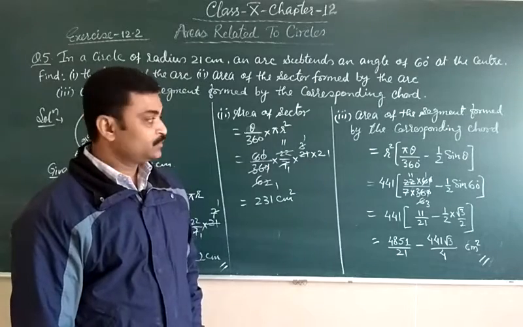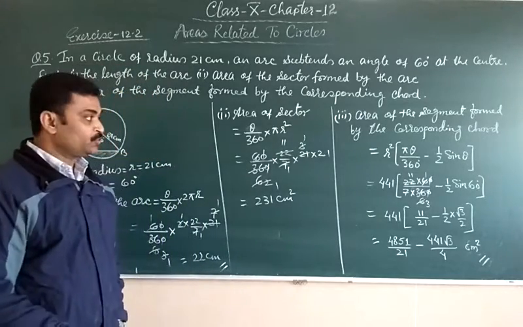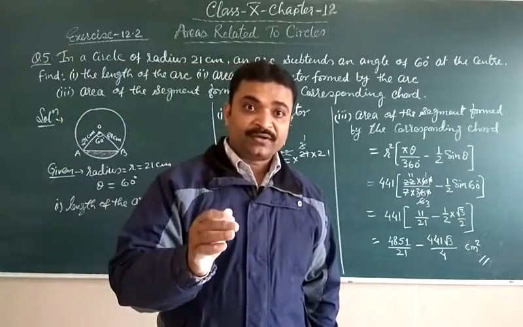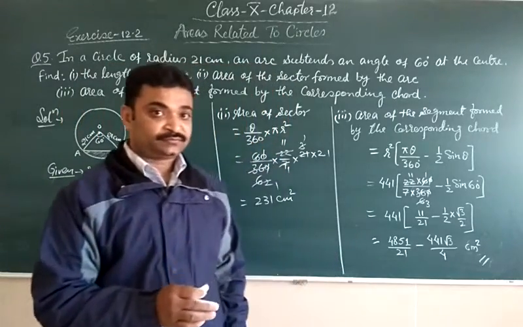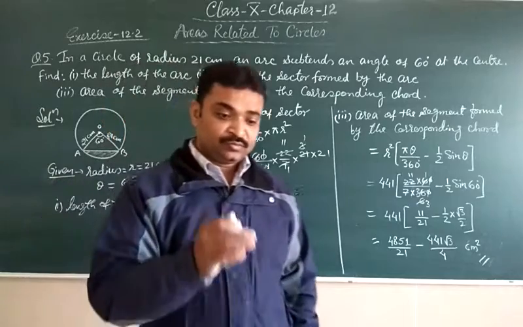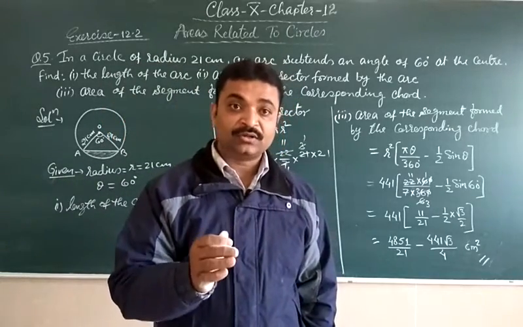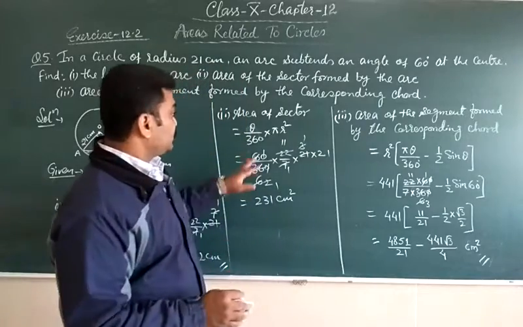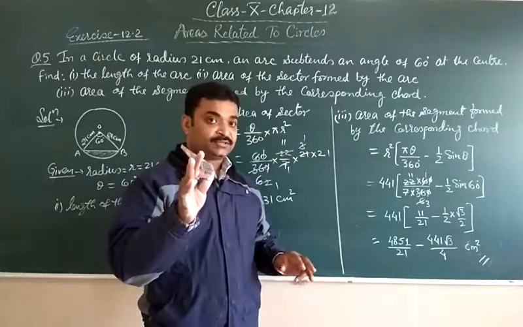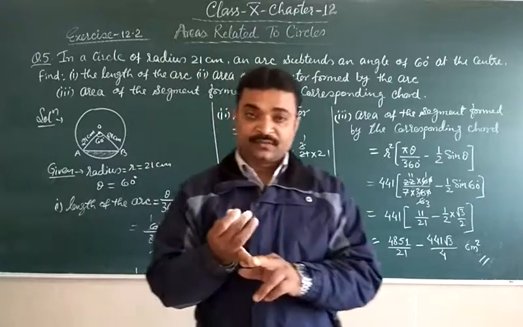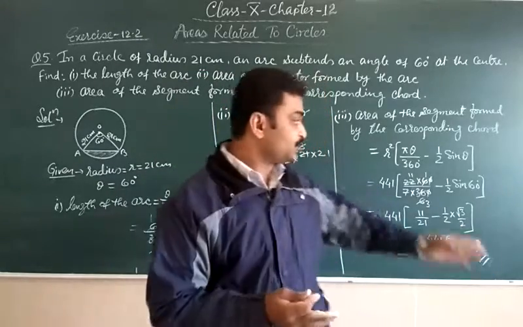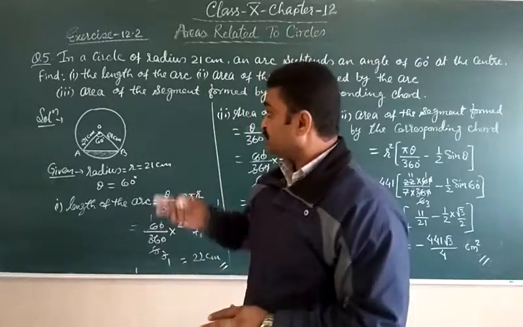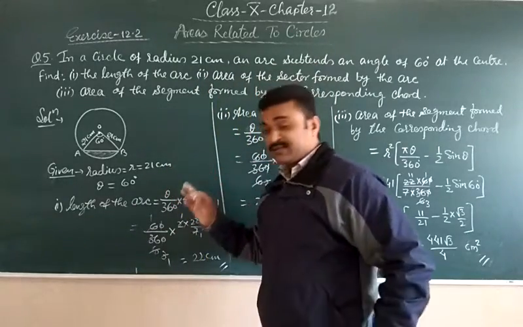Clear, students? So students, pause the video to note it down, and note one thing more. After question number 5, questions 6 to 14 all depend on only 4 formulas, that is length of arc, area of minor sector, which you can find by this formula, area of minor segment, and major segment.